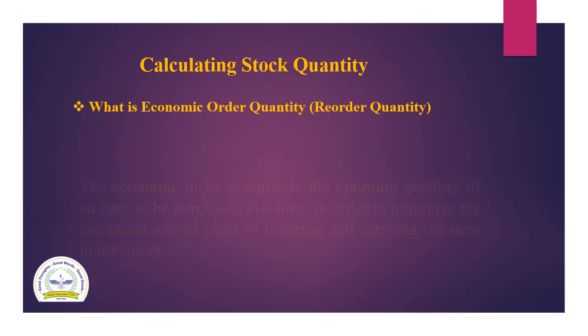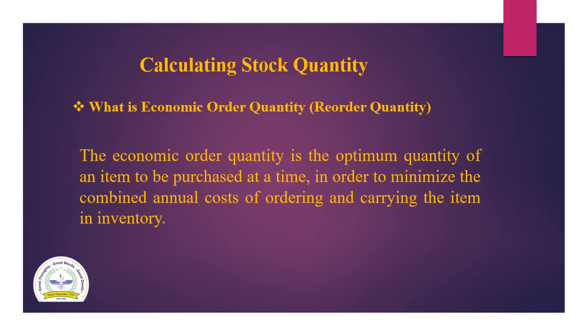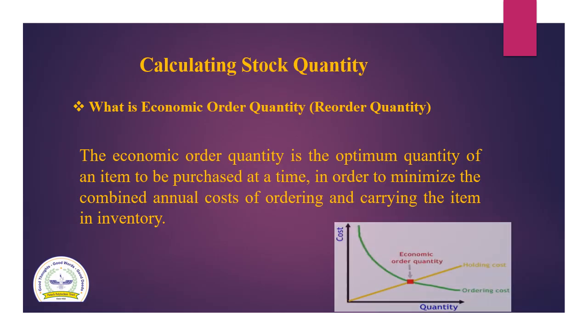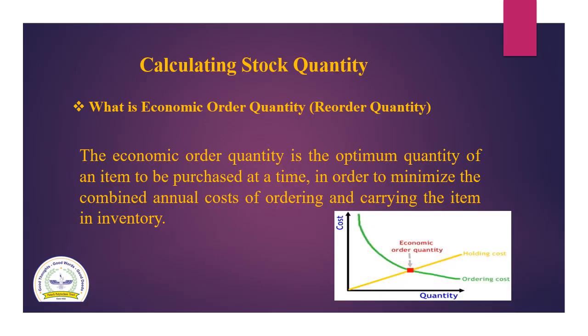EOQ is the optimum quantity of an item to be purchased at a time in order to minimize the combined annual cost of ordering and carrying the item in stocks. As rightly shown in the figure, EOQ is a point where the storekeeper can minimize both ordering and carrying cost of a raw material.